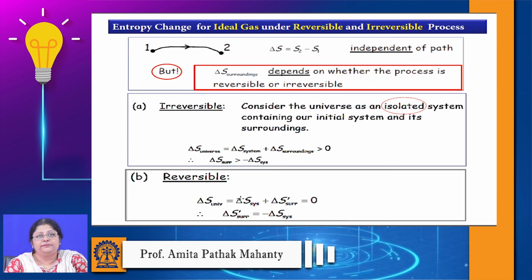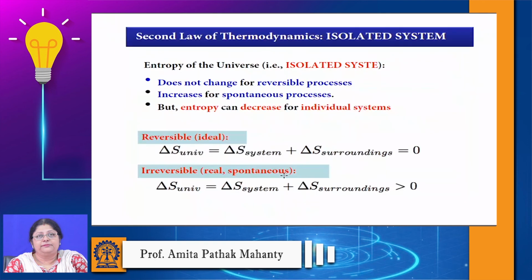If you have something equal and opposite, then it is obviously supposed to be 0. But here the entropy change in the surrounding will be greater than that of the entropy change of the system. We'll take up examples later on.